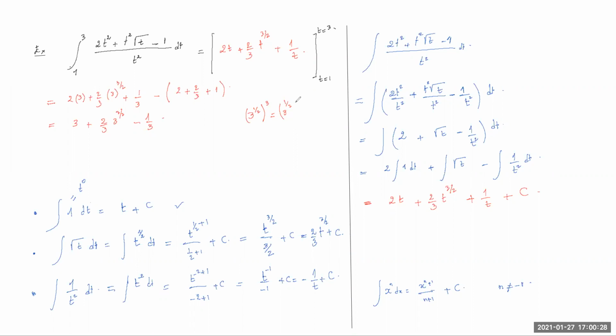I can say it's power 2, then 3, and leave this one, so that I have a 3 here and can simplify it. So I will have 3 plus 2 square root of 3 minus 1/3. You can simplify: 9 minus 1 is 8, so 8 over 3 plus 2 square root of 3. Here it is, your area.